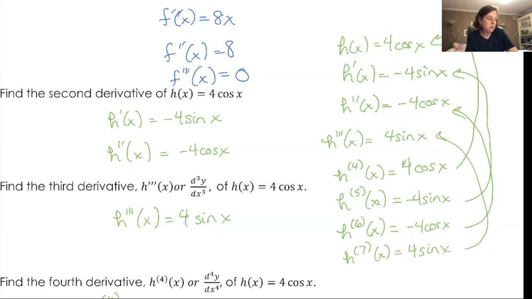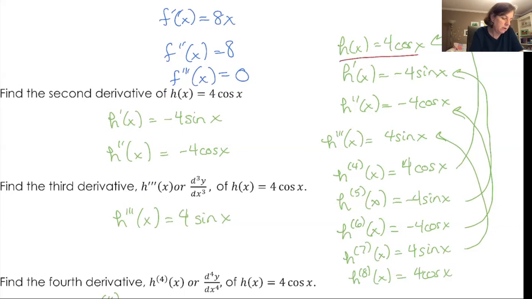Okay. So the fourth derivative took me back to the original. The eighth derivative is going to take me back to the original as well. It'll be the 4 cosine x. Okay, so maybe this way.